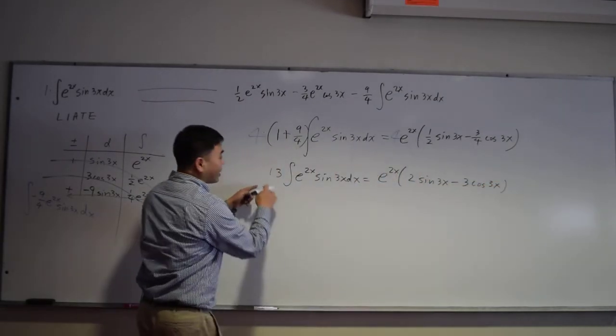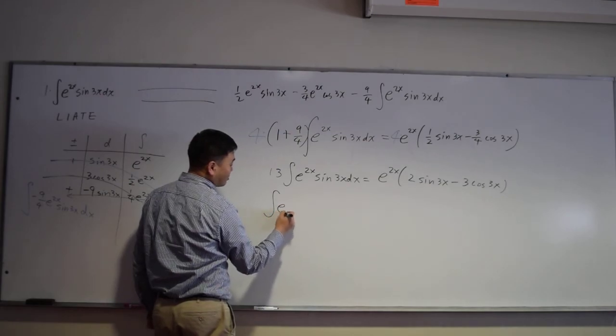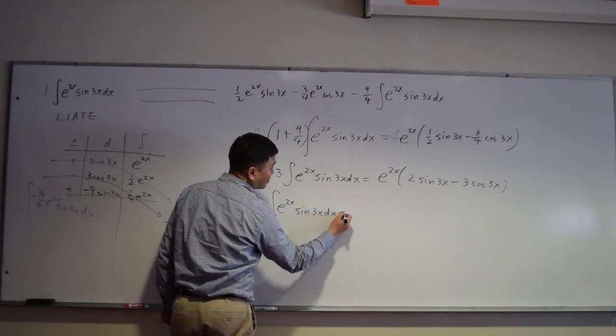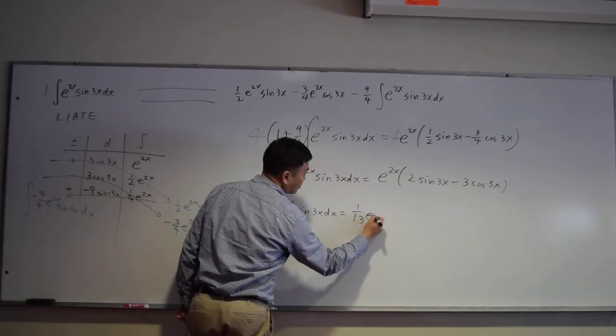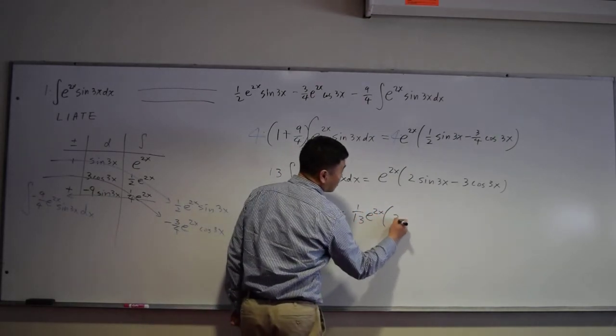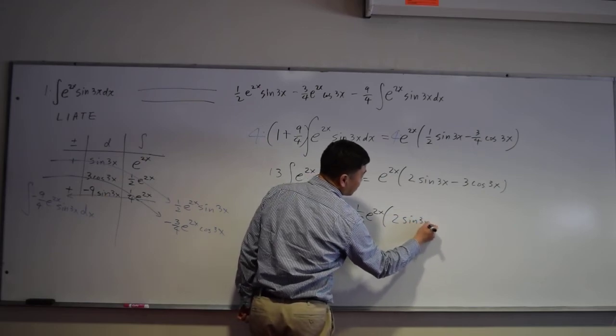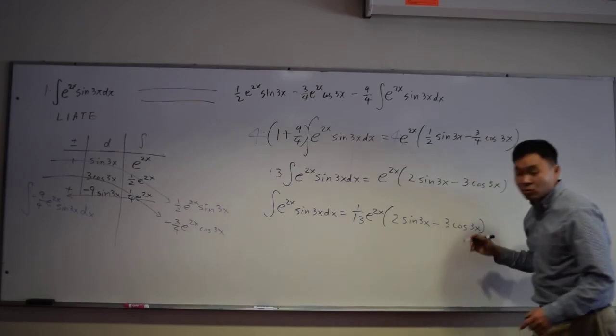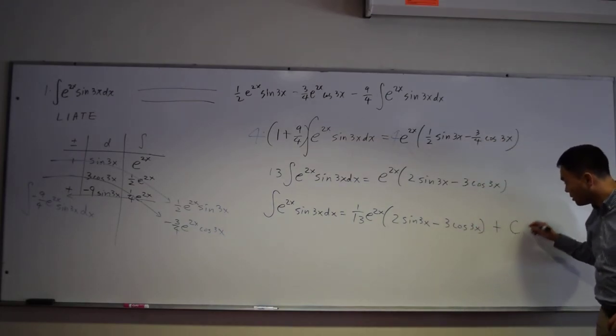And then finally, dividing by 13, you get your final answer: the integral of e to the 2x sine 3x dx equals 1/13 e to the 2x, 2 sine 3x minus 3 cosine 3x, and then you have to finish this question off by putting the plus C.